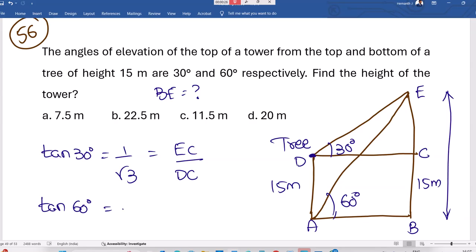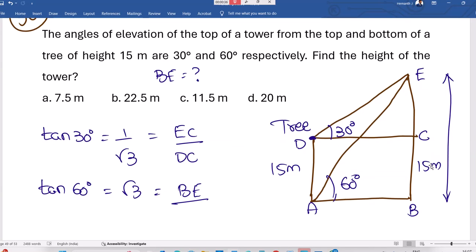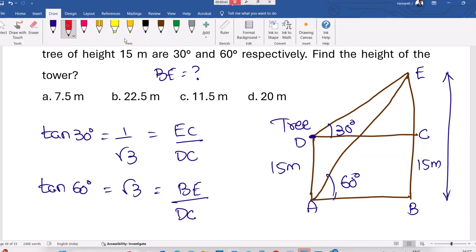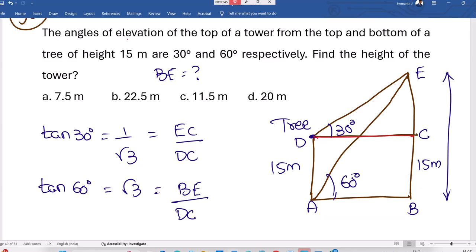Tan 60 is root 3. Okay. But it's BE divided by AB, nothing but DC only. Both are the same. AB and DC both are the same, right? Here AB value and DC value are both equal.